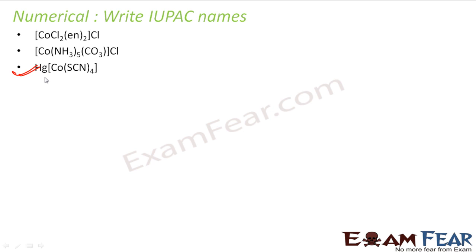Hg[Co(SCN)4]. In this case, typically this first part will be the cation. It's a guess for us, but we'll double check. Hg generally has a plus charge, so +1, and then this will have -1 charge. SCN has -1 charge, so -1 into 4 is -4 charge. The cobalt will get -4 and this is plus, so Hg will have +2 charge.